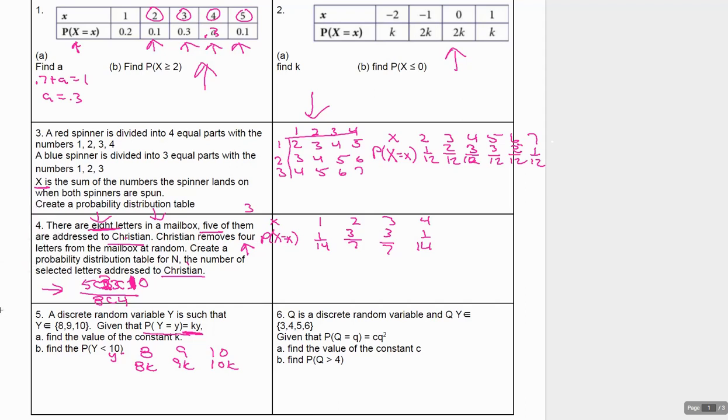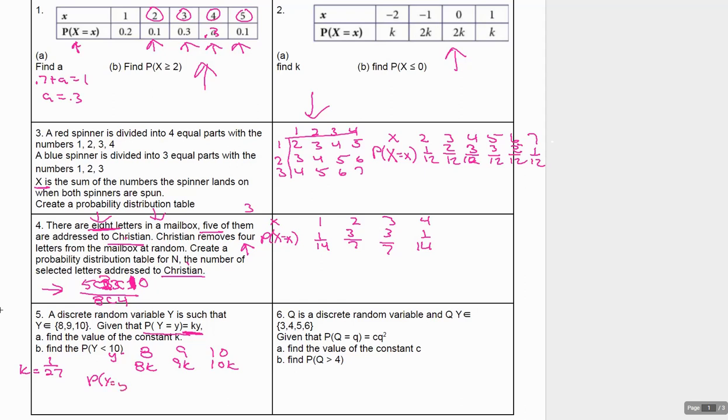What's k got to be? 1 over 27. And see, keep in mind, that's what k is.